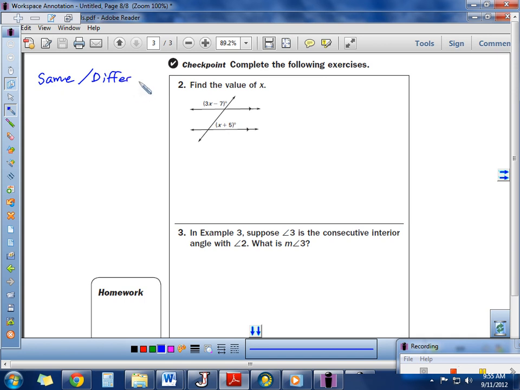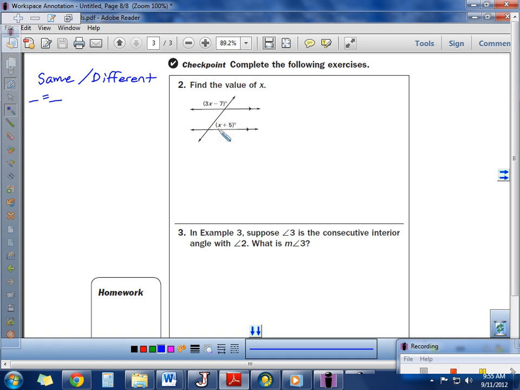Earlier, when they were the same size, what was their little equation? They equal each other. That's pretty simple. When they're the same, they equal each other. But when they're different, they can't equal each other. It doesn't make sense. Over here, this is obtuse and this one's acute. Can they be the same size? It's impossible.